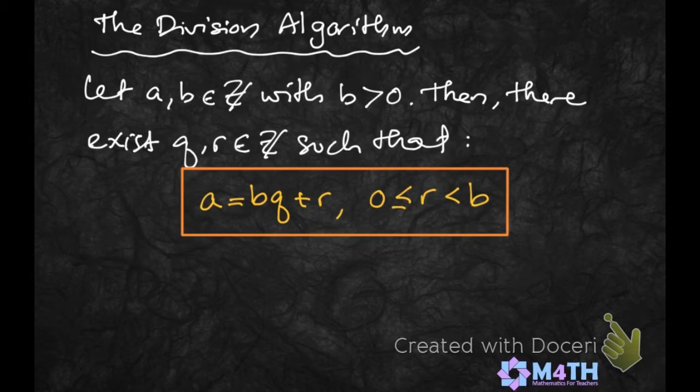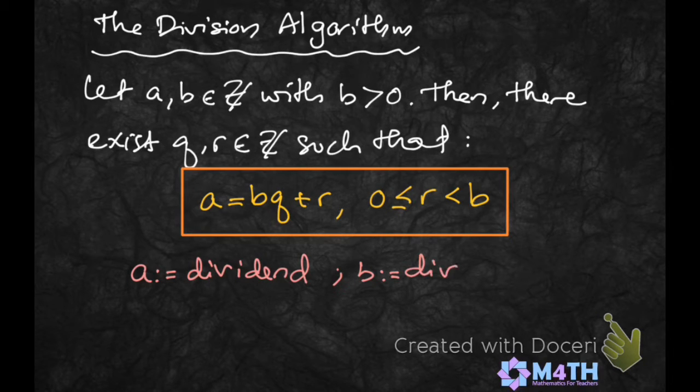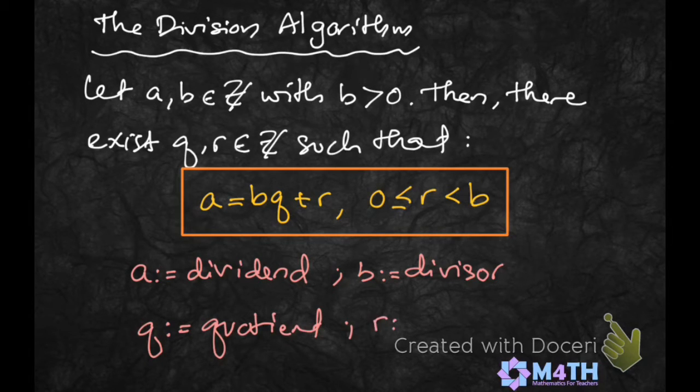Now let's give names to these variables. The variable a is called the dividend. b is called the divisor. q is called the quotient, and r is the remainder.